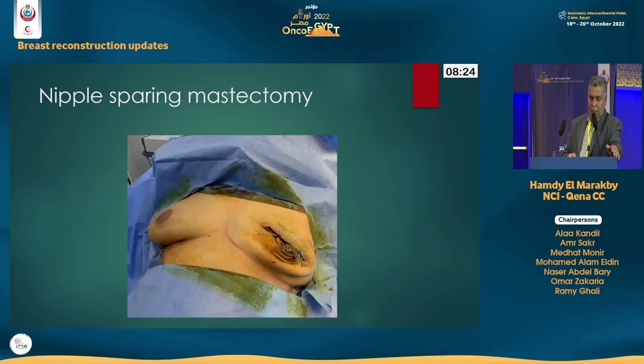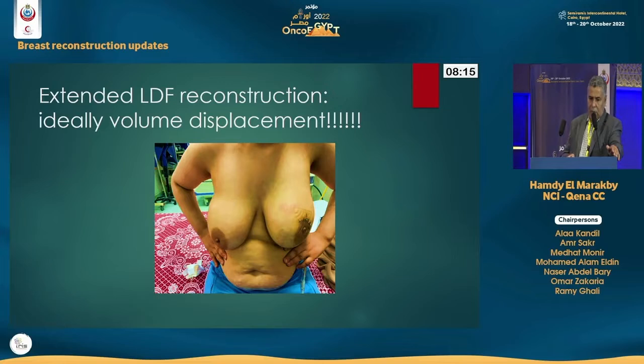For instance, this patient had a skin sparing mastectomy in the left breast. And we used what we call extended LED flap reconstruction. There is no time to describe the technique, but it's something very handy. Actually, if I see this patient now, I would try to persuade her for something like volume displacement because she has a very large ptotic breast.